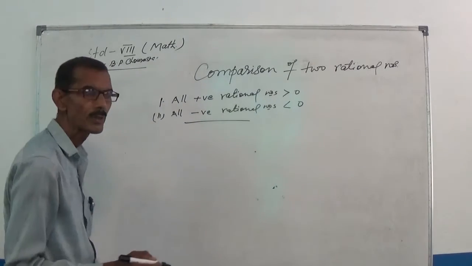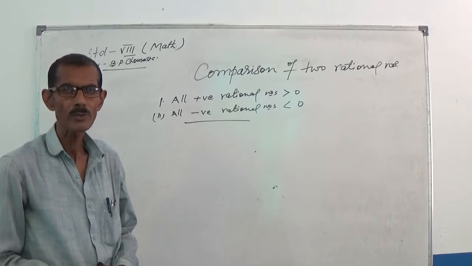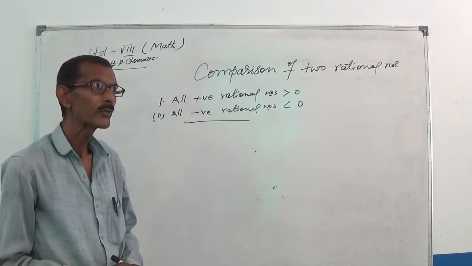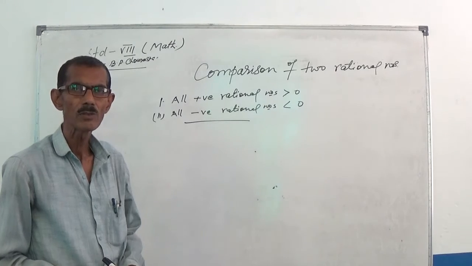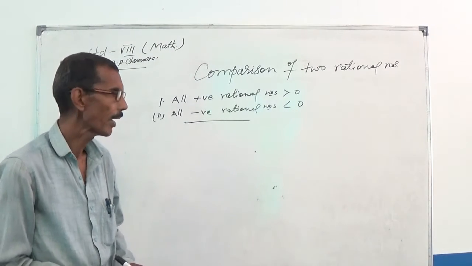It means 0 is less than all positive rational numbers and 0 is greater than all negative rational numbers, whatever they are.